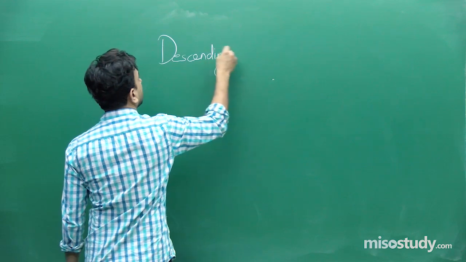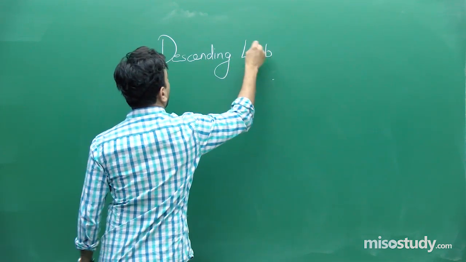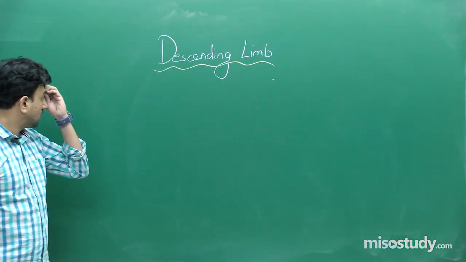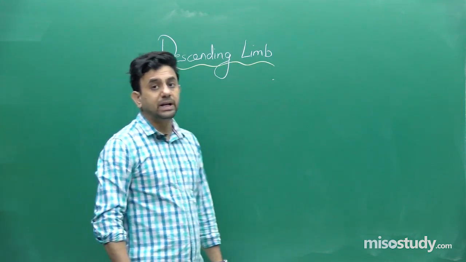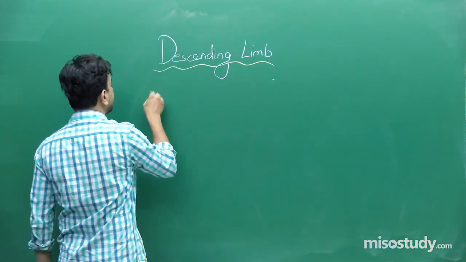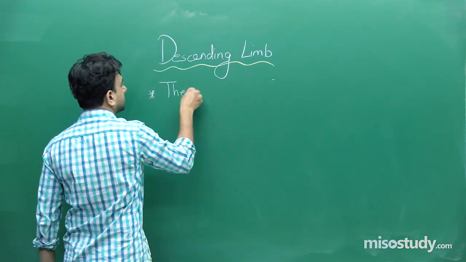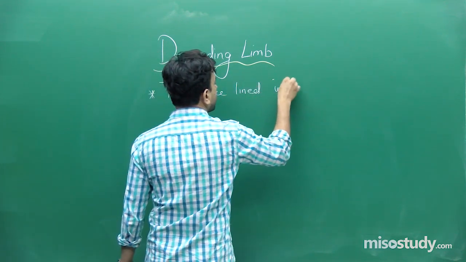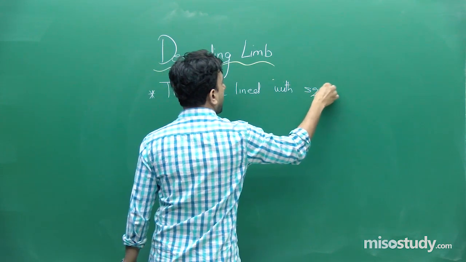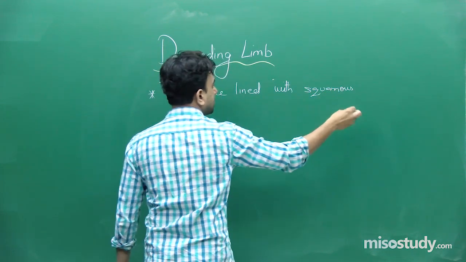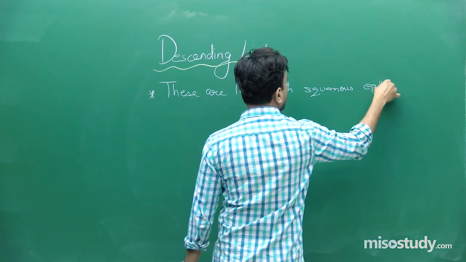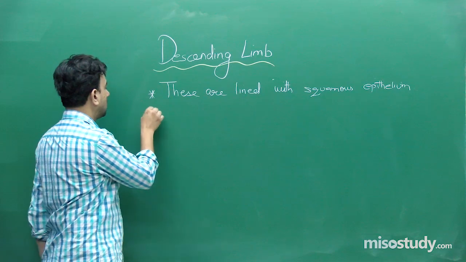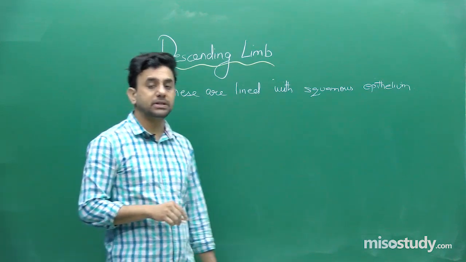When we are talking about the descending limb, what we will see is that these are lined with squamous epithelium.